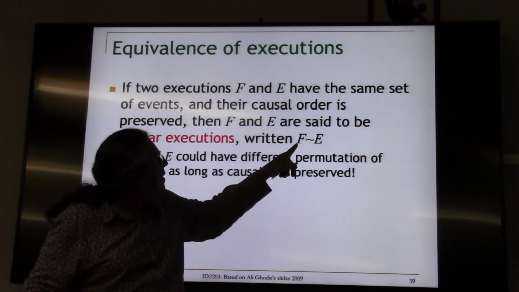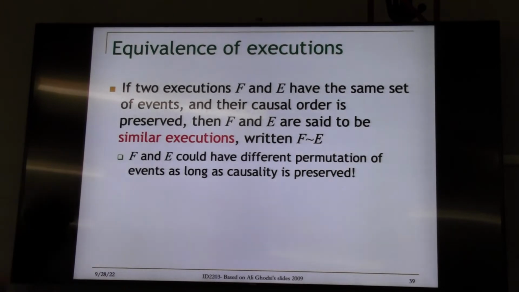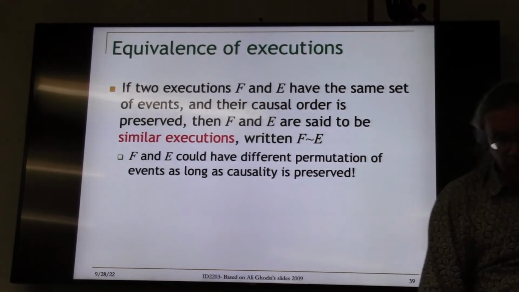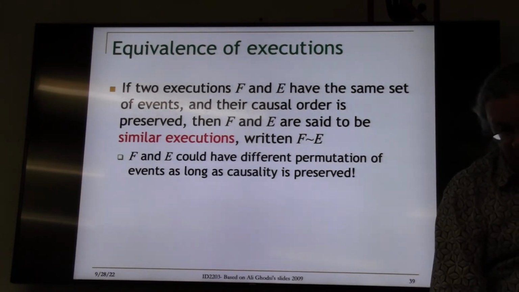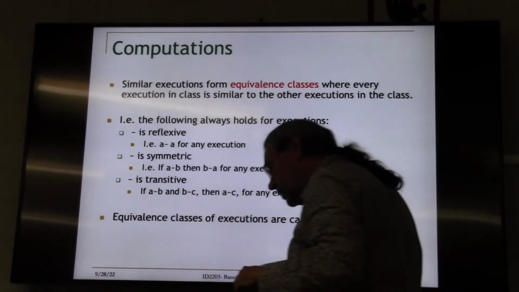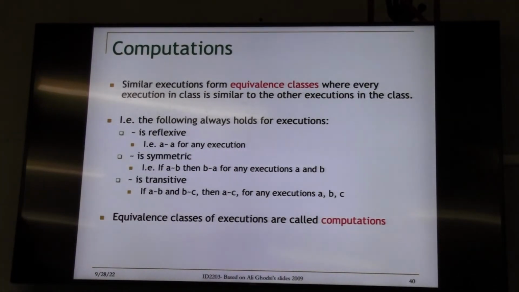then they're called similar executions. It's written like this: F is similar to E. Similar executions. But actually, they're doing the same work. Because they're respecting causality, they will end up with the same results. So now we have something interesting.